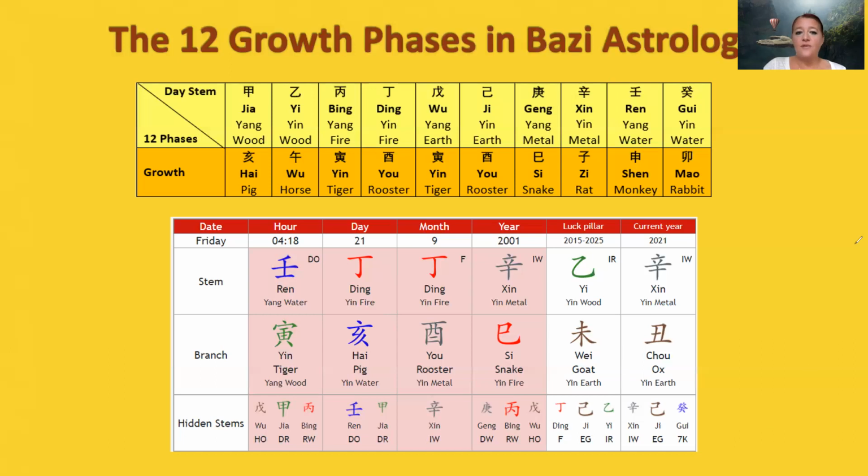Now, if the growth phase happens to appear in the luck pillar, so for this person, if the rooster would appear here in the luck, or where it says the current year, then this also has a meaning. Specifically, this means that you currently have a lot of very creative ideas that you need to actually act on.